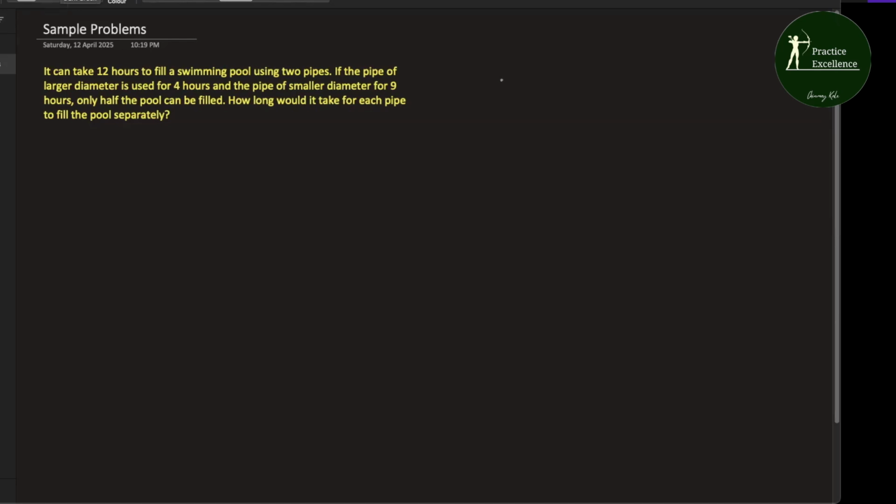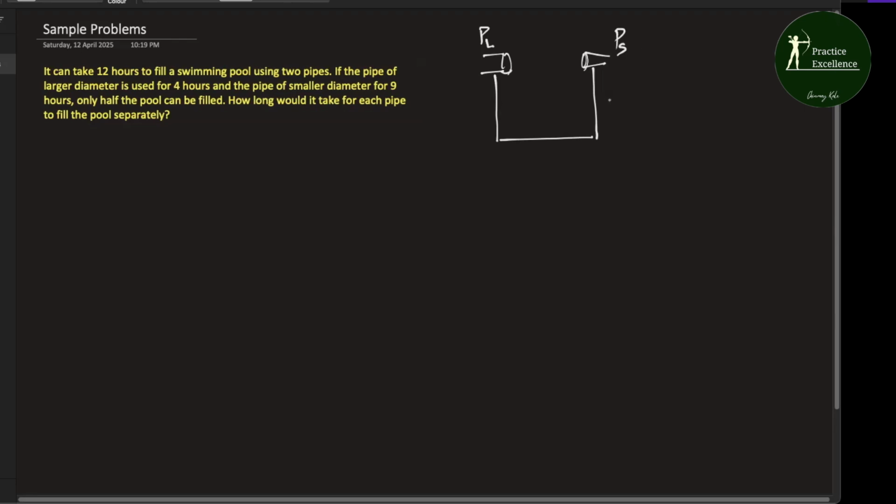So there is a swimming pool. Okay, this is the swimming pool, and it takes 12 hours to fill this entire swimming pool with two pipes. So let us say this is pipe L with larger diameter, and this is another pipe, PS, which is a pipe with smaller diameter.